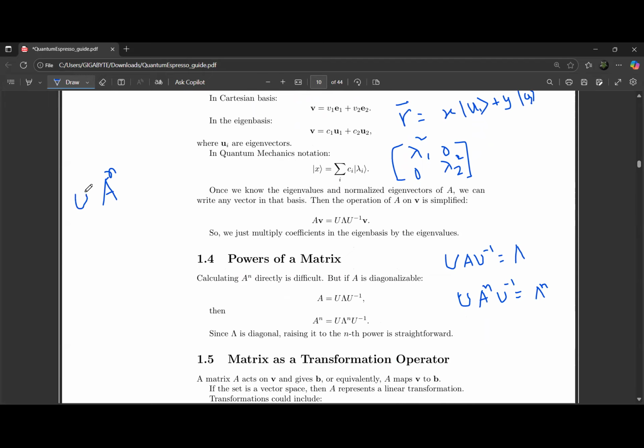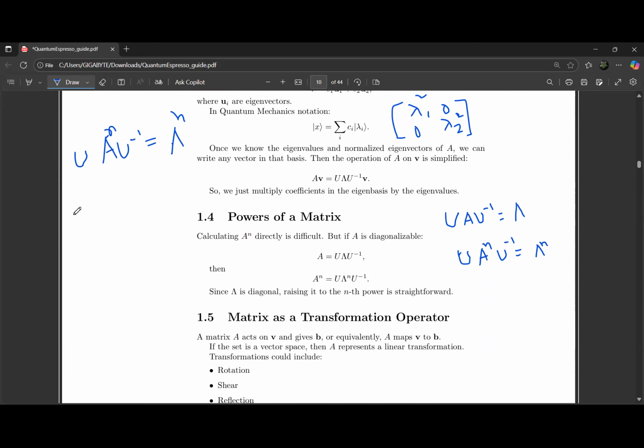We select this side. So now what we can do is multiply U inverse from the left, which will cancel out this U. And we will have U inverse lambda to the power n.